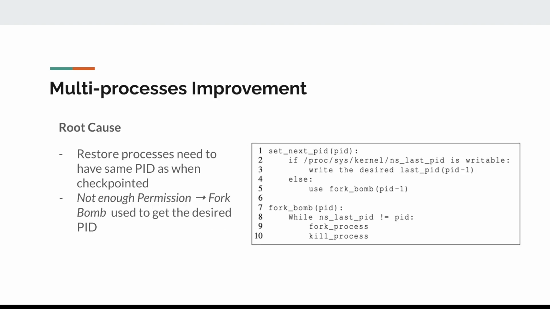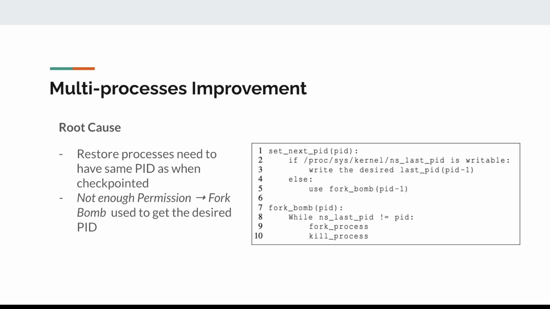Another thing that we work on here is that we improve the multi-process restoration time, which affects the migration time, obviously. So we investigate the root cause first. The root cause is that CRIU wants to restore the process with the same process ID as when it was checkpointed.